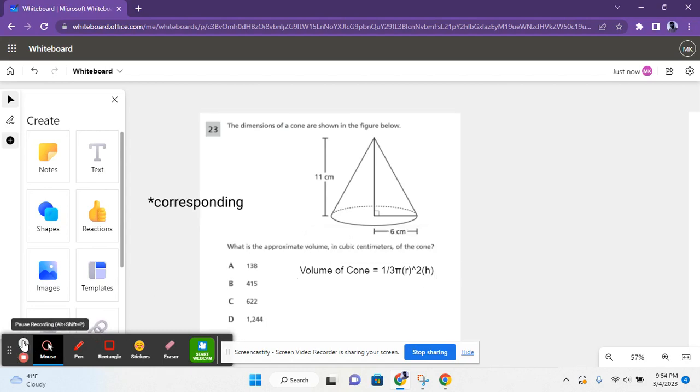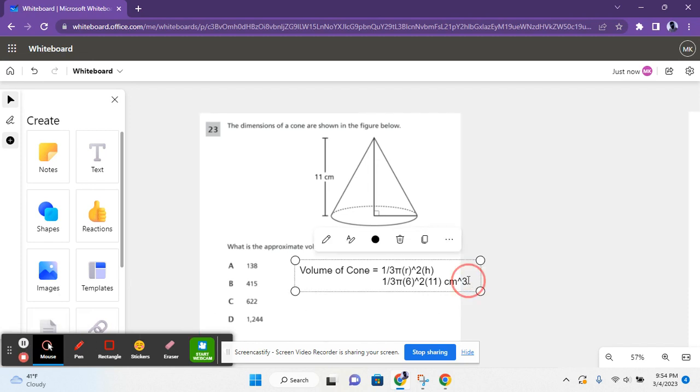So let's do that. We replaced r with 6, which is the radius, and h with 11, which is the height. So now we have to simplify. Now we have 1/3 pi times 36 times 11 centimeters cubed, and you do 1/3 times 36, and that gives you 12 pi.